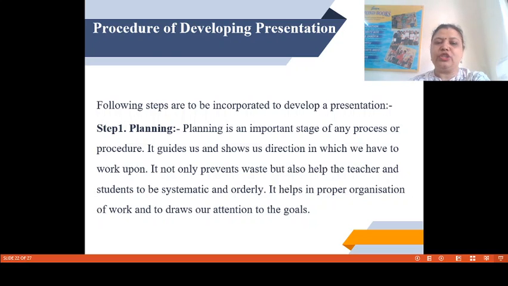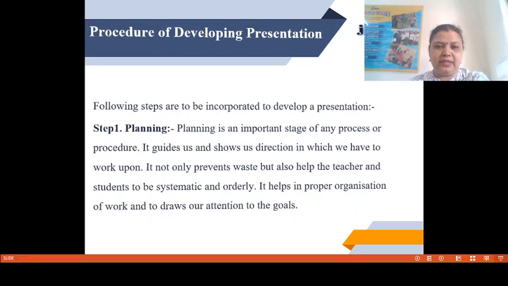It not only prevents waste but also helps the teacher and students to be systematic and orderly. It helps in proper organization of work and draws our attention to the goals. And with the help of planning, the teacher will be able to fulfill the objectives she has in her mind before presenting the content.